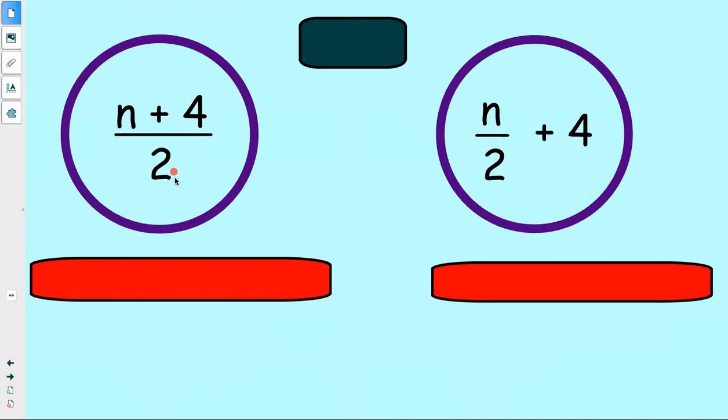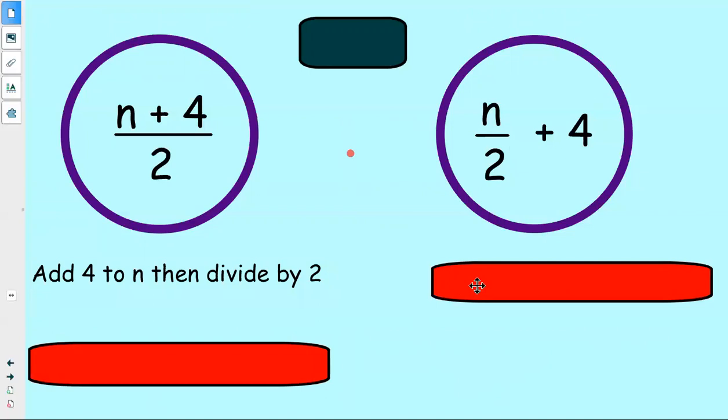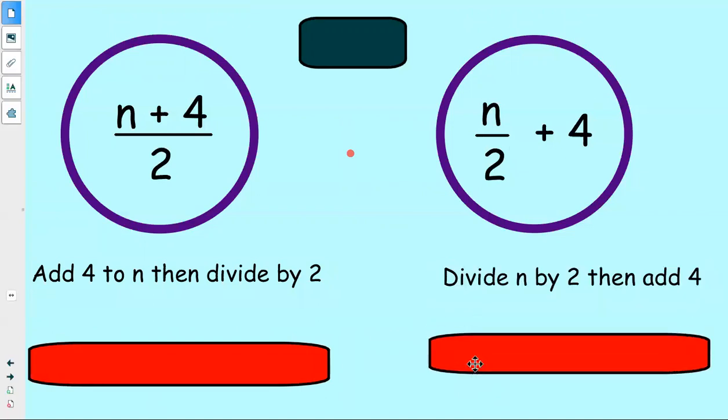The order in maths is very important. So for the n, you're adding 4 to it, then you're dividing by 2. This expression here looks quite similar. So if I start with the n, what's happening to the n? I've got n. I am dividing that n by 2, and then I'm adding 4. So very, very different. And that will come into play when we do solving equations further down. That's how I would write those expressions there.